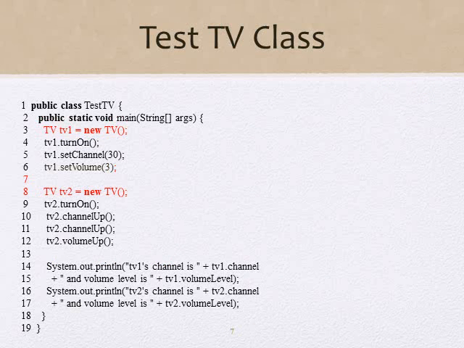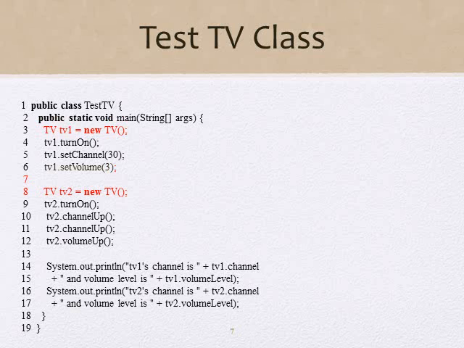Whenever you create a class, it's incumbent upon you to test that class and all the methods. So you write a little program. We call it a tester program. In our little tester program here, lines 3 and 8 instantiate a new TV object, and lines 4, 5, and 6, and 9 through 12 exercise various methods of the object.